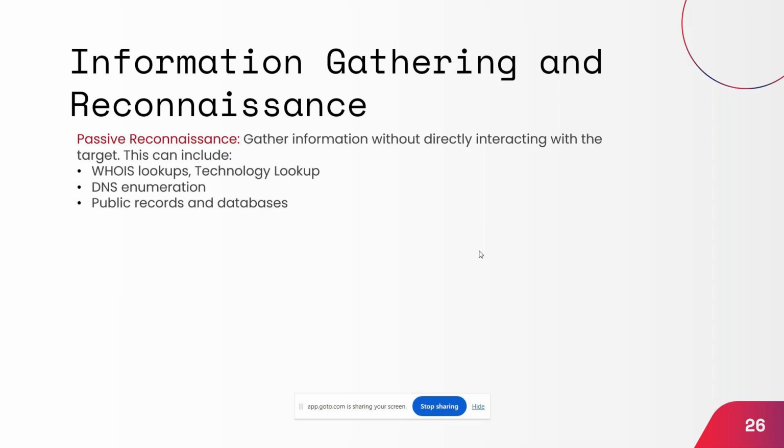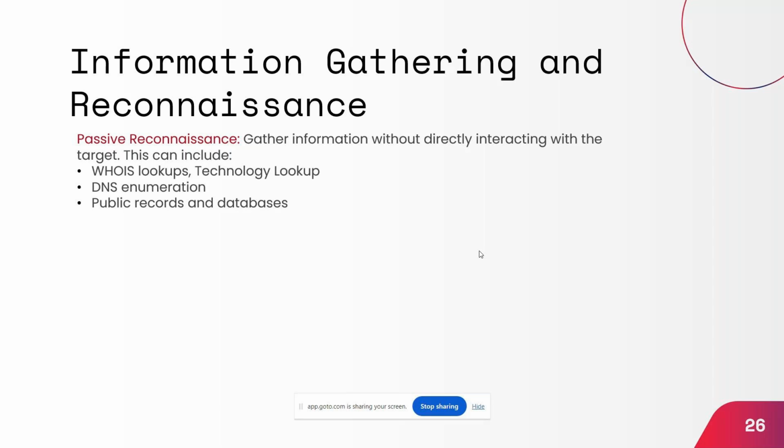Whenever I say passive information gathering, it means there won't be direct communication or direct interaction between the attacker and the target. He will be gathering the information by looking at some of the available resources on the internet.